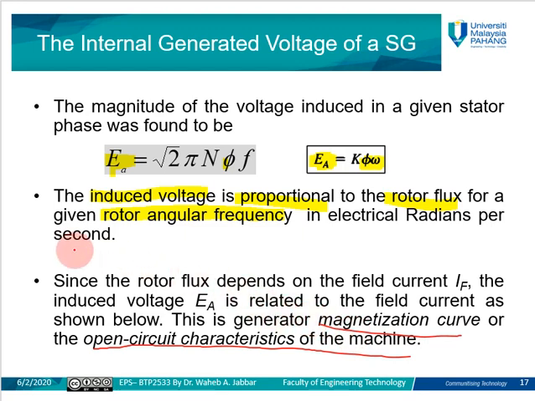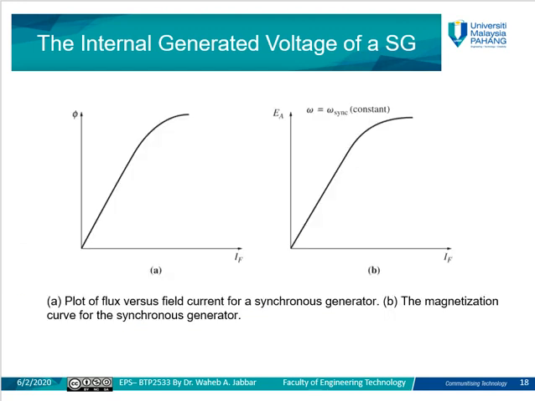Open circuit characteristic means the machine is running without load, like we learned before during our tests for either the DC machine or the induction machine, when we talked about the open circuit and short circuit tests. This curve represents the open circuit characteristic for the synchronous machine, and it relates the magnetic flux generated in the rotor to the field current.